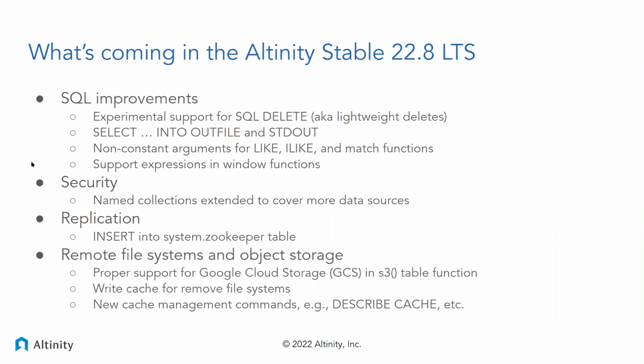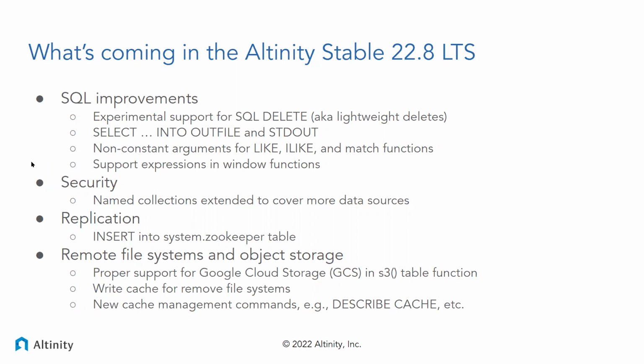There are other things in there. This is just a selection of them. Around security, a particularly big advance over 22.3 is the extension of named collections. These are basically collections of key value pairs that can include login credentials for different types of systems like S3. These have been extended to cover more data sources.